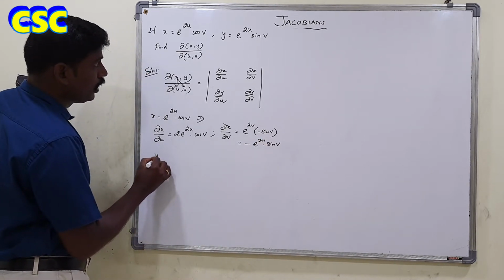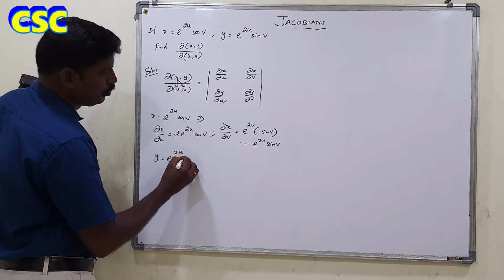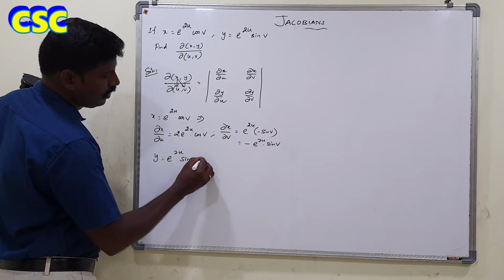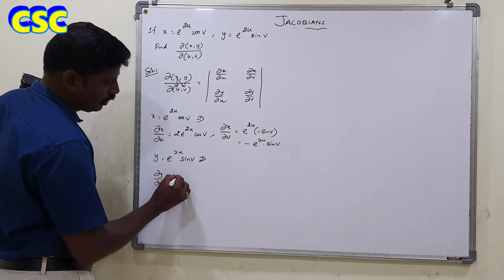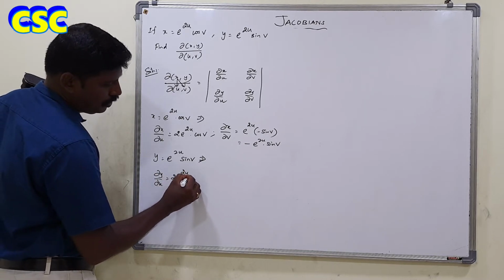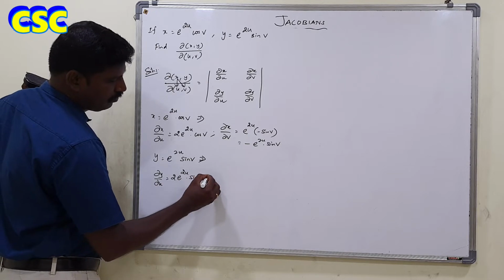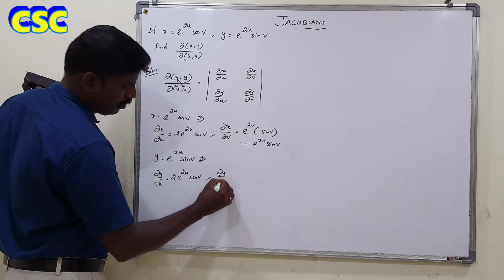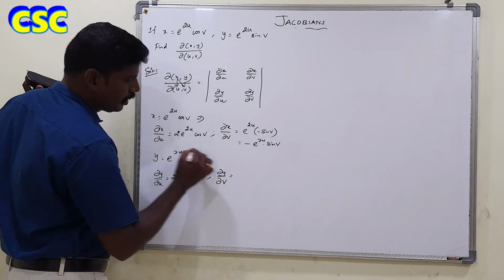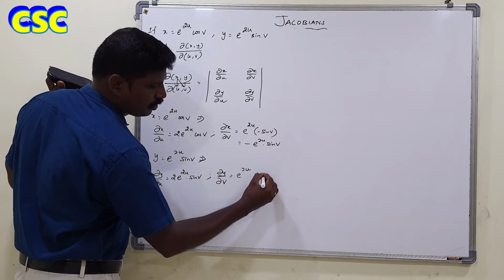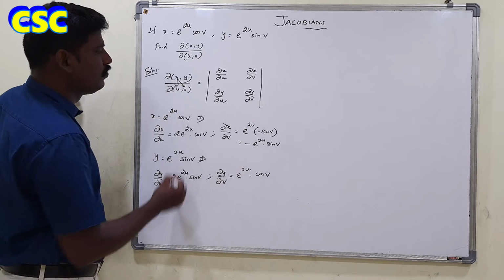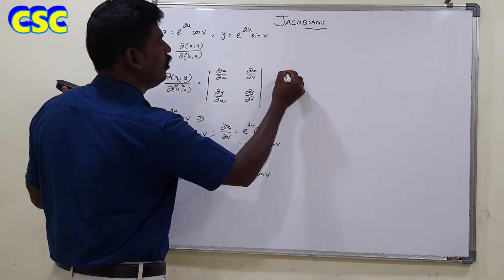Same way, what is y? E power 2u sin v. This implies dou y by dou u is equal to 2 e power 2u into sin v. Same way dou y by dou v: sin v becomes cos v. See, e power 2u is constant, we keep it the same. After finding all these four values, substitute here, you can get the answer.